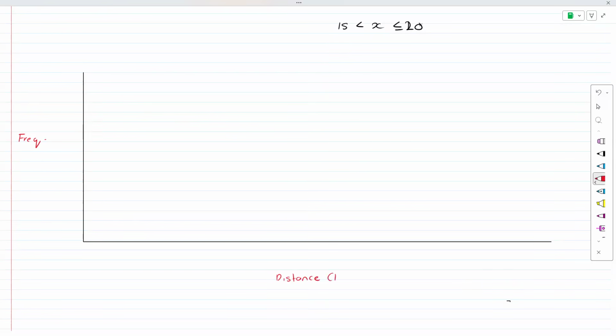Yeah. This is in kilometers. This is a graph or histogram showing frequency versus distance. Please label. 3 marks are given for the labels. Always just put graph showing and take the y-axis and the x-axis, and then let's start.